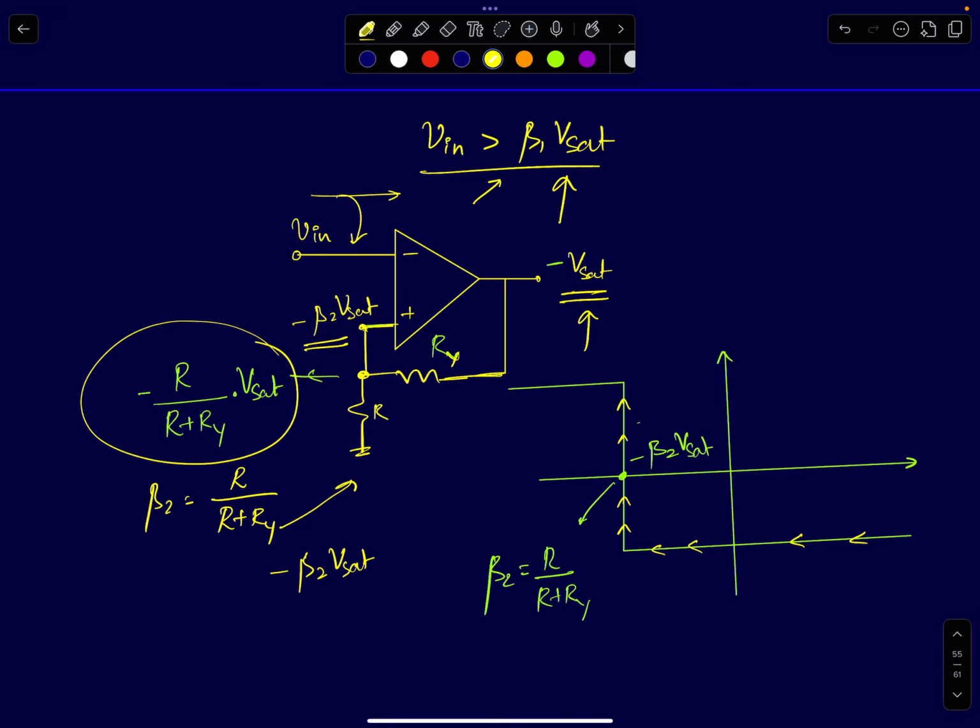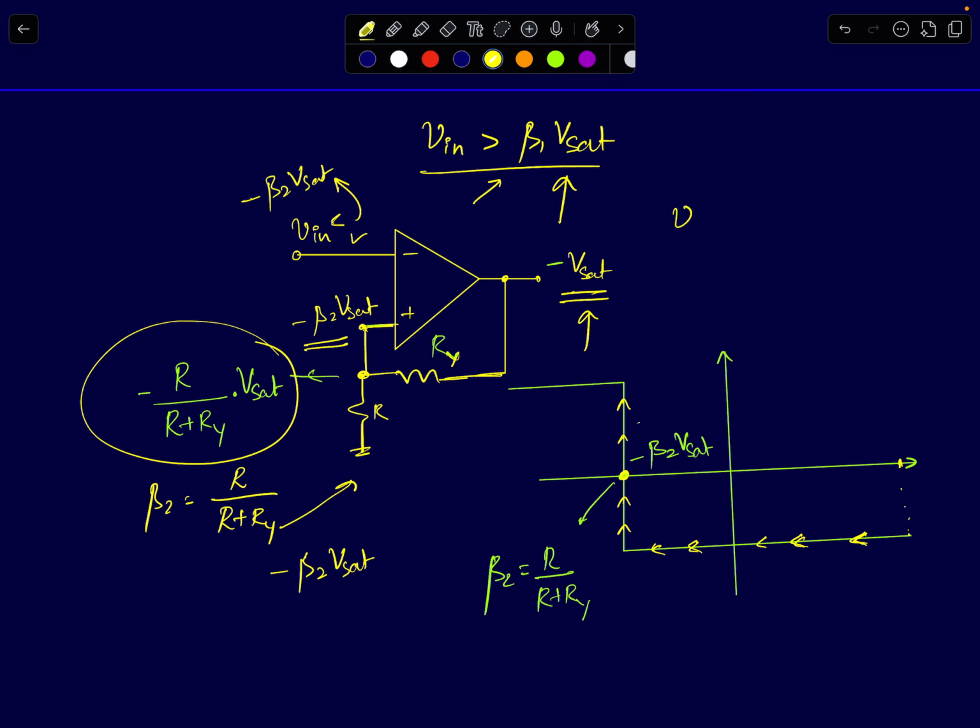Now, once I've increased my input, now I'll slowly start decreasing my input. Remember, the feedback voltage is minus beta 2 Vsat. So as I keep decreasing my input voltage, when my input voltage goes lower than minus beta 2 times Vsat, okay, when Vin becomes less than minus beta 2 times Vsat, that is when this op-amp, the comparator's output will change its polarity.